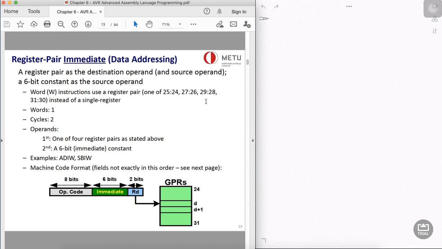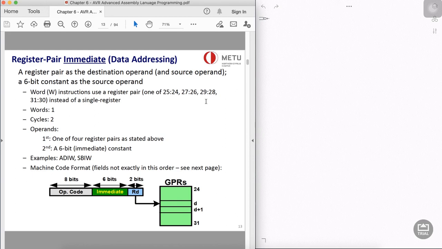And the instruction is 1 word. The cycles are 2. The first operand is the register pair, as stated above, and the second is the 6-bit immediate constant. So over here we are using 6-bit constants, and that's register pair.